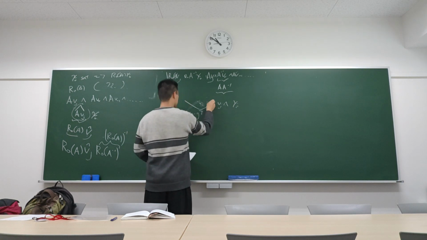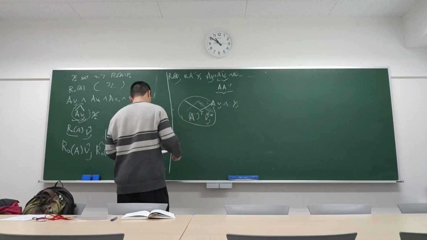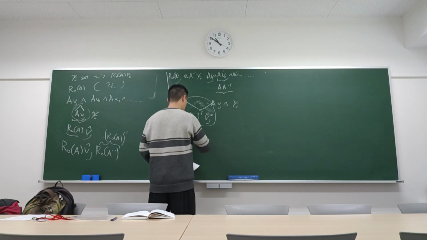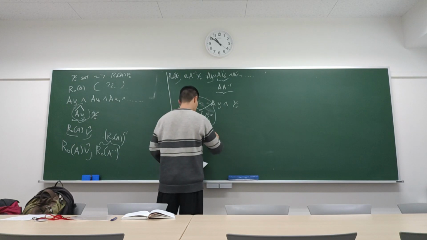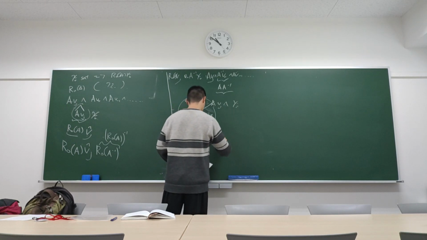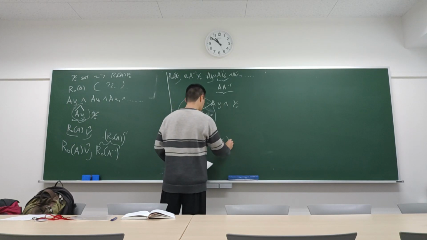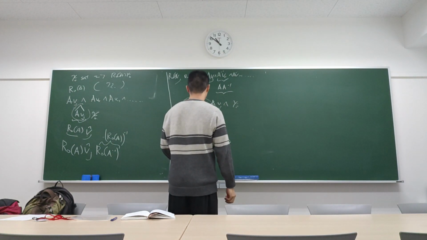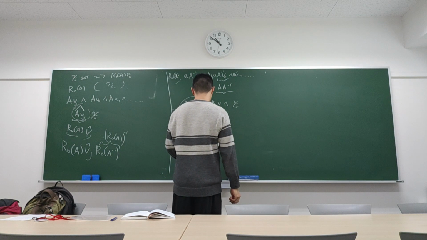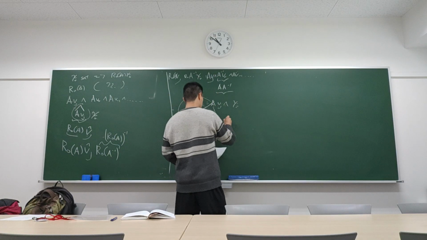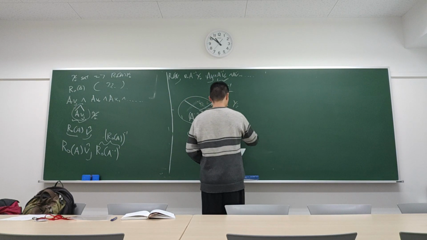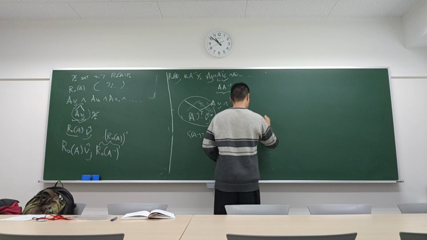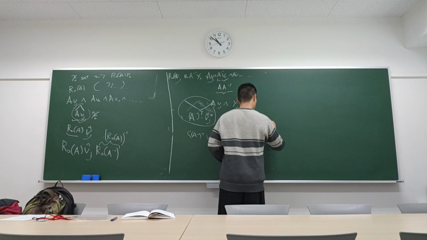This is what you want. Okay. And the reason the transpose is here is because you want something like this to hold. So the way this transforms, this is R naught A star R naught.